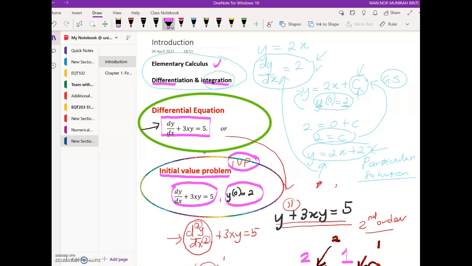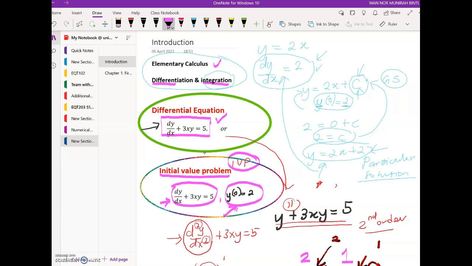When you just have a differential equation like this, we just call it a differential equation. When you have first order, we call it a first order differential equation. When you have a differential equation that comes together with the initial condition, we call it an IVP, initial value problem.